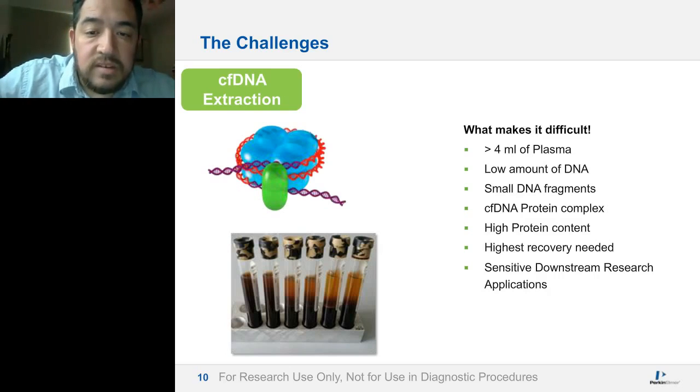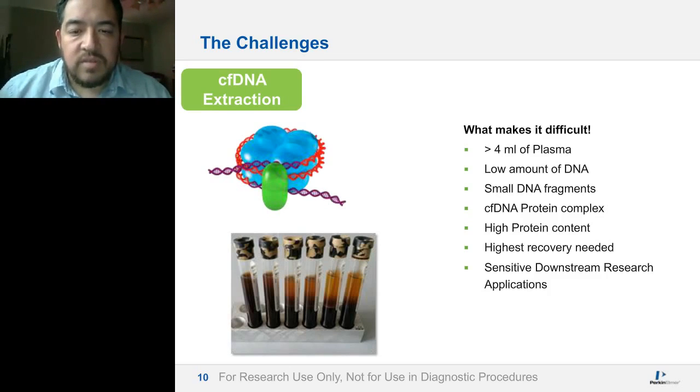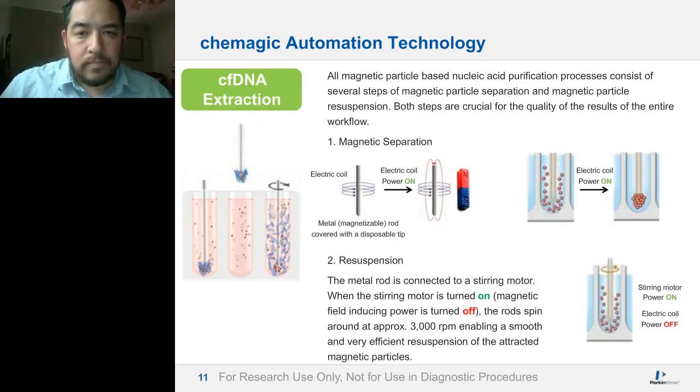You also have to deal with cfDNA protein complexes, as we noted that the DNA is linked with the nucleosome, so you have these complexes, but they have to be broken. In addition, in plasma you also find high protein content, such as immunoglobulin. So you need to get the highest recovery and also a purity that works with a number of sensitive downstream research applications.